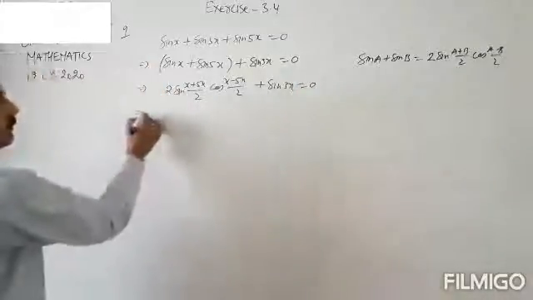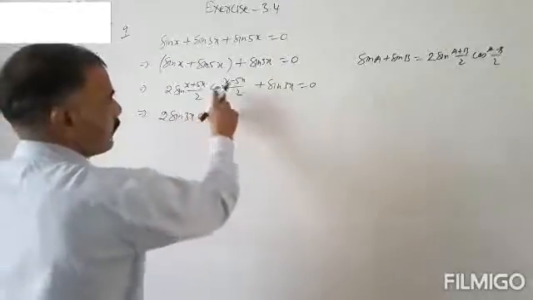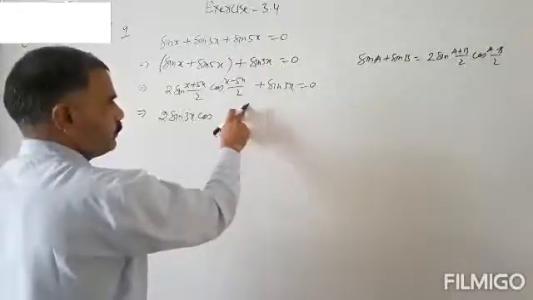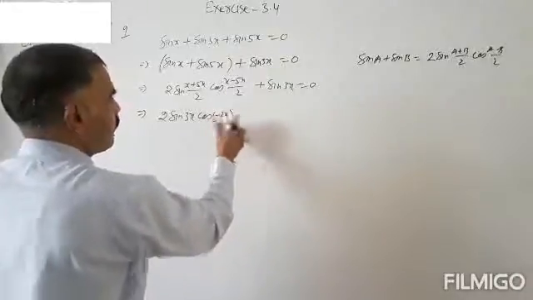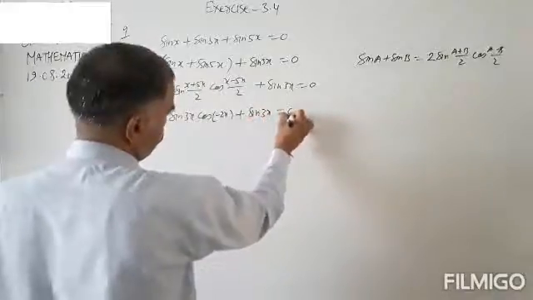Now this is 2 sin 3x cos of (x minus 5x), that is minus 4x divided by 2, that is minus 2x, plus sin 3x equals 0.